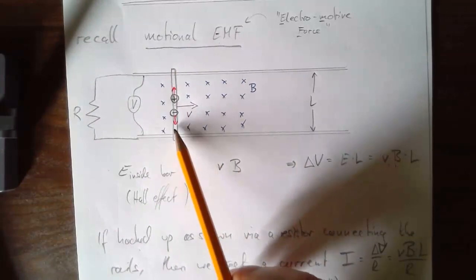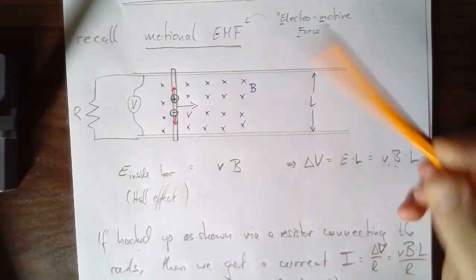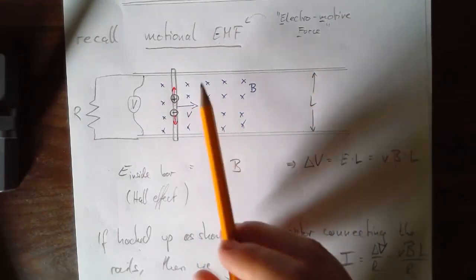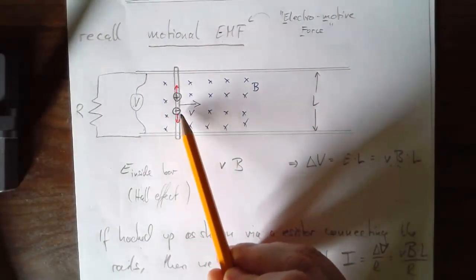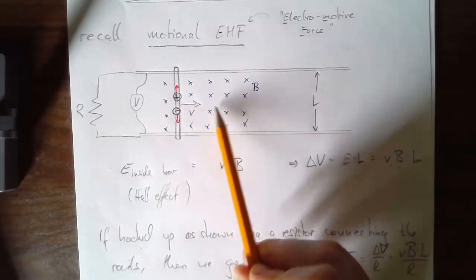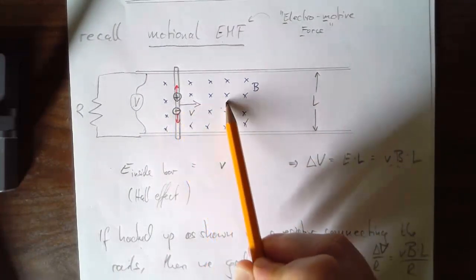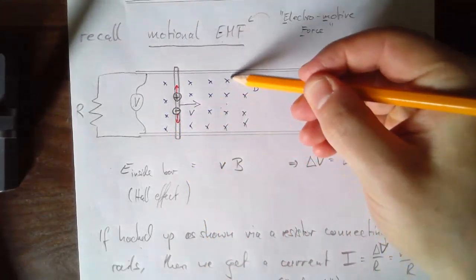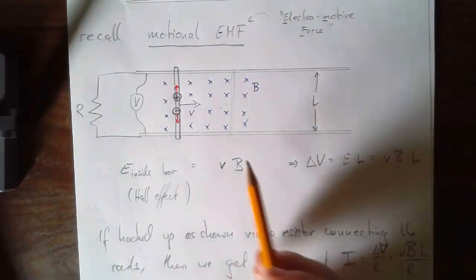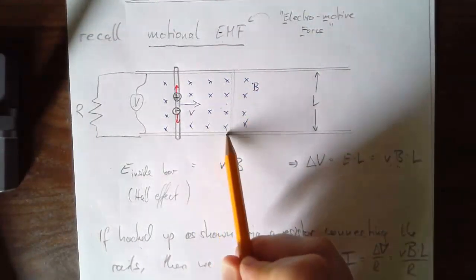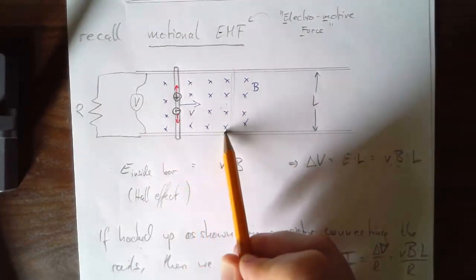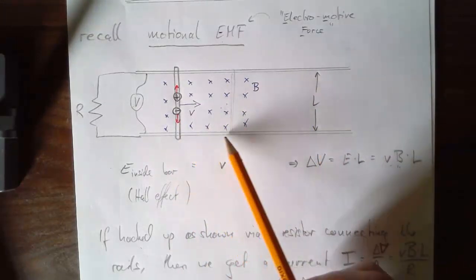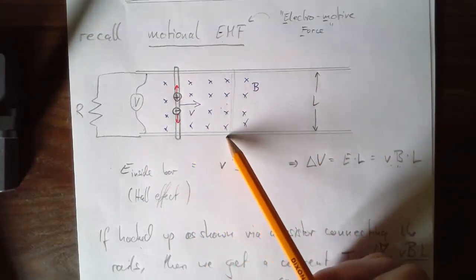If I multiply the speed by the length of this bar, the separation between the two rails, well, if I imagine the speed is 2 meters per second, then I multiply 2, the distance that this bar travels in 1 second, by the length. So if the bar goes to here after 1 second, this length would correspond to the speed v times 1 second.